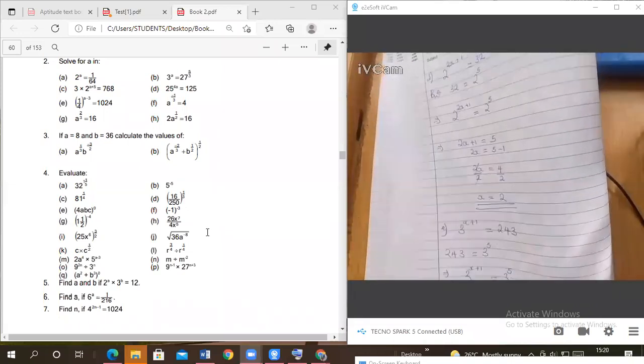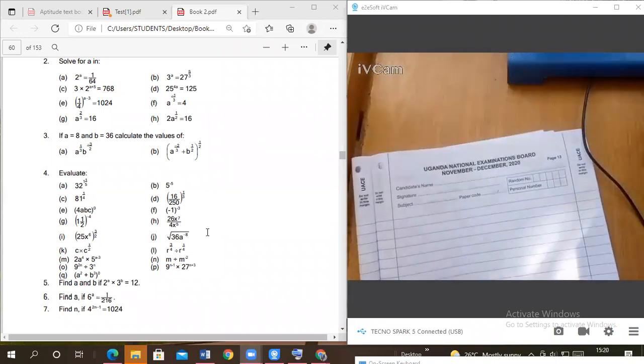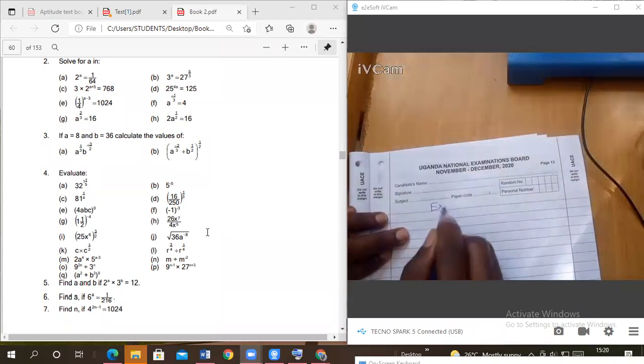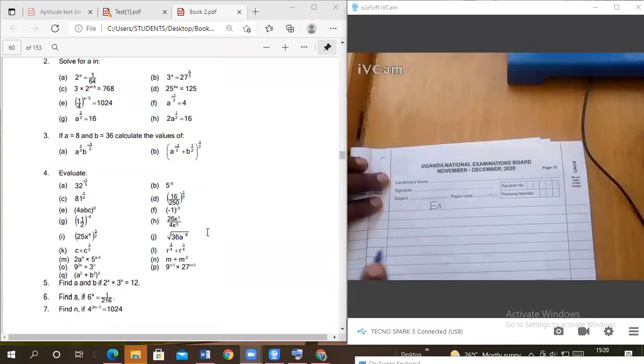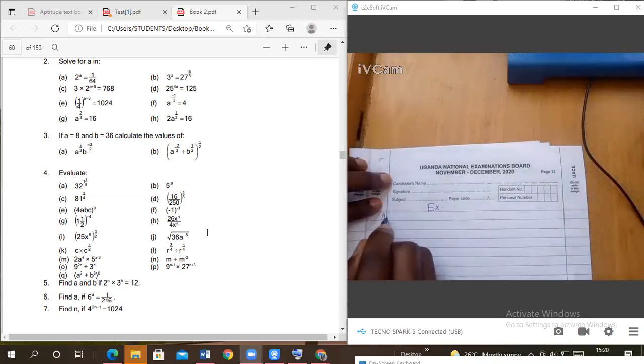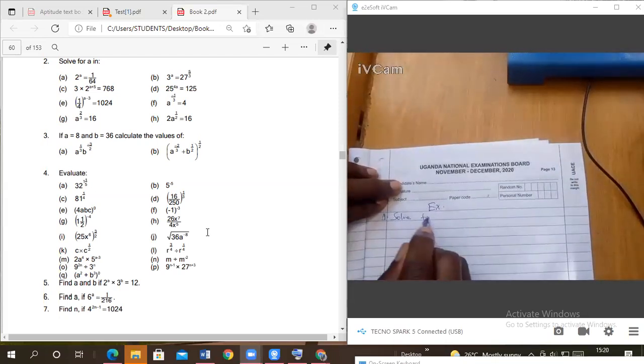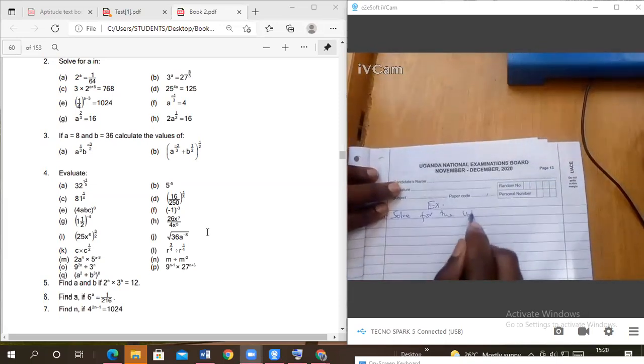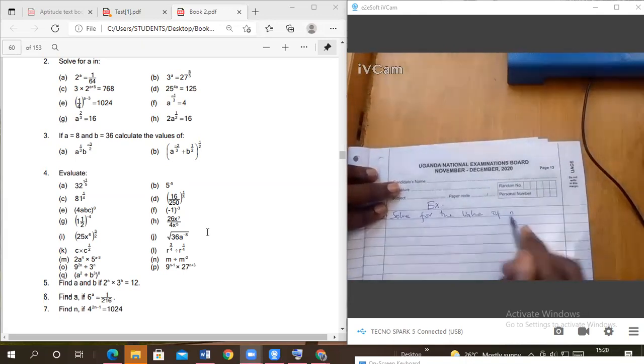Exercise. We have 2 minutes remaining, please. I want to hear those who are saying that, teacher, we have not got the exercise. Number 1. Solve for the value of n.